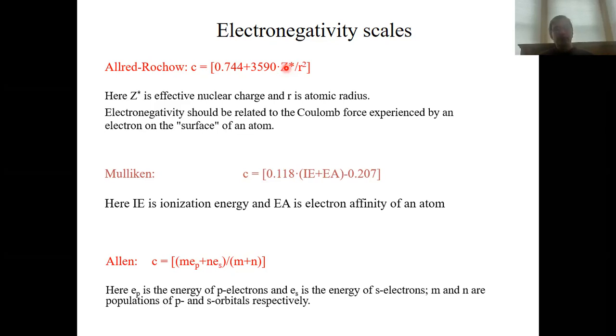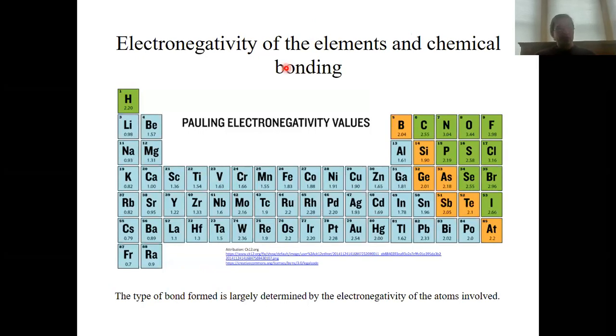Now let's go to the application of electronegativity. The biggest application of electronegativity is that it can explain the nature of the bonding within elements, but also within compounds. Let us look at the elements first. You see again here the periodic table.